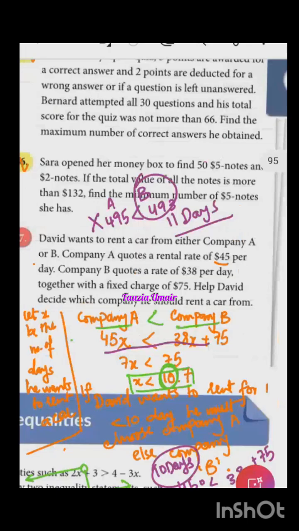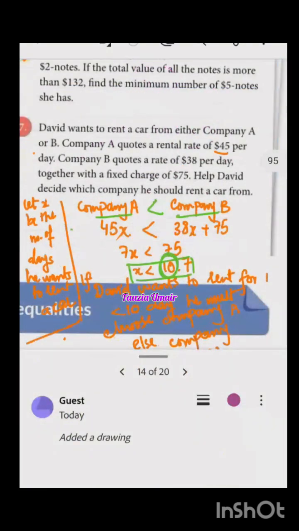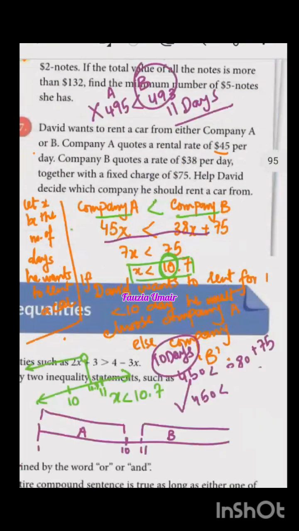Miss, I have another question. How will we round off 9.5? Will it be 9 or 10? Because in 8th class, I remember we had a question where our answer was 8.5 and we had to round it off.